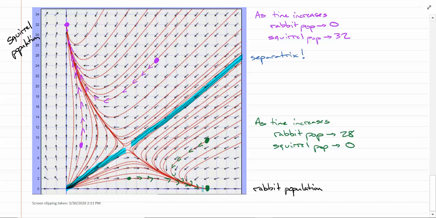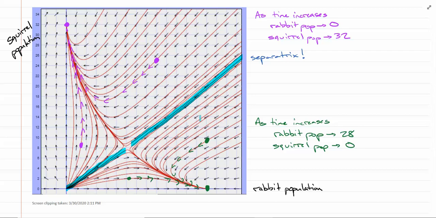Okay, so notice that you could have two points that are really close here, but if they're on different sides of the separatrix, as time increases, those two solution curves are going to do very different things. Either the rabbits are going to die out or the squirrels are going to die out.